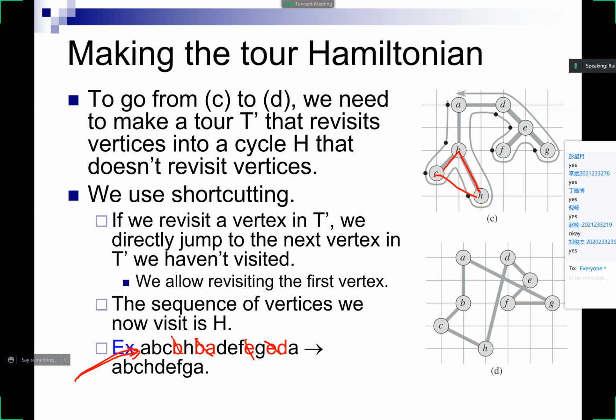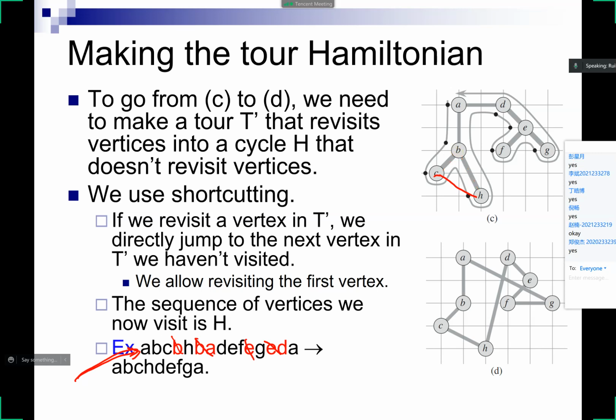We assume that the distances satisfy the triangle inequality, and that means that when you directly go from C to H, when you do the shortcut, this is not longer than when you take this detour from C to B to H. So the CH distance is no more than CB plus BH. And so when you add the shortcut, you're not increasing your length.